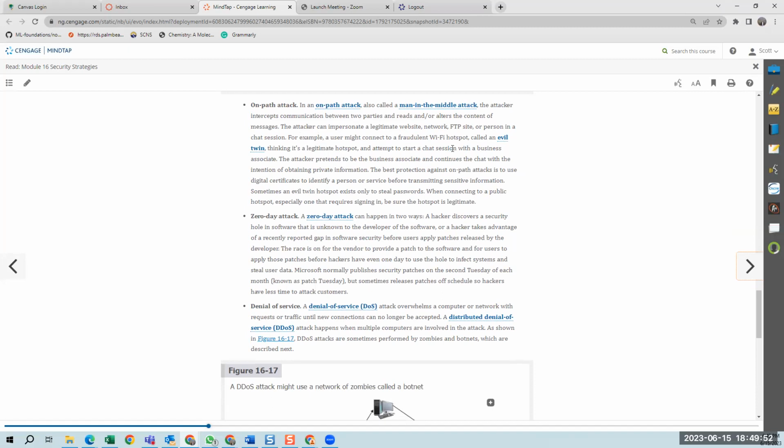They've got, it's like the evil twin. If you go into an airport, I don't connect to Wi-Fi at an airport very often, unless it is for sure something I know what it is. Because it's easy for somebody to go create their own access point, call it PBIA Wi-Fi.